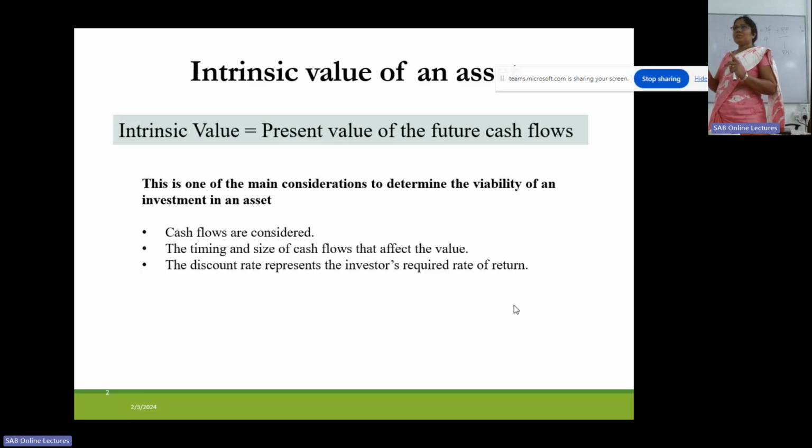If you compare these two in terms of risk, who is taking high risk? The ordinary shareholders, the owners, because for bonds there is a fixed interest, a fixed coupon, but for ordinary shareholders there is no fixed dividend. It depends on the profit, economic situation, investment. Certain factors are affecting it, so there is no fixed dividend.